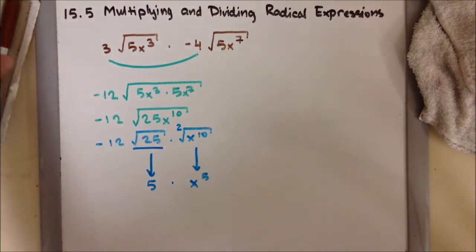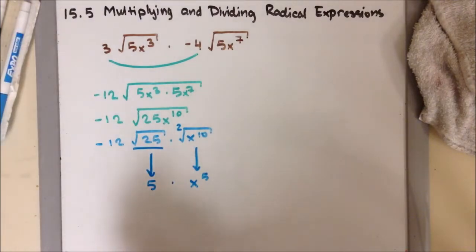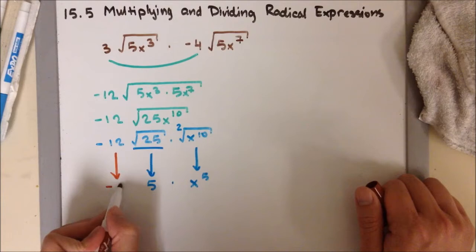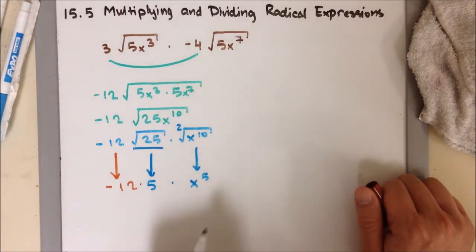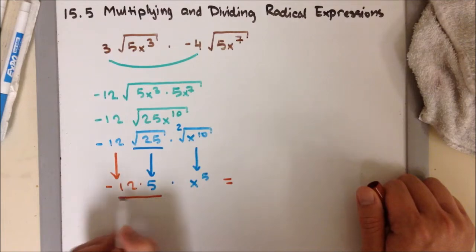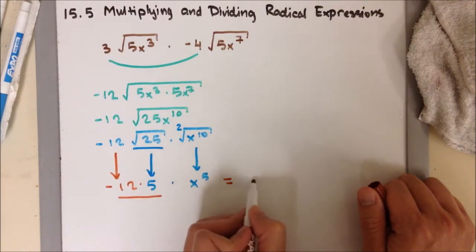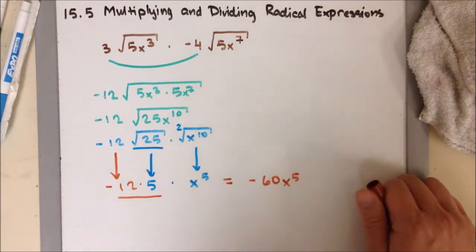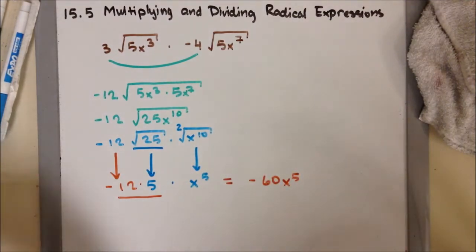And I'm going to bring down the negative 12 because that was the outside number. So at the moment, we have negative 12 times 5 times x to the 5th. So we're going to have negative 60 x to the 5th power. So that will be my final answer.